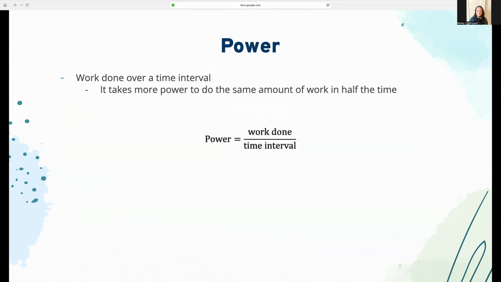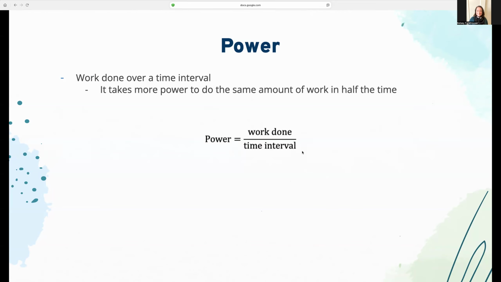Now, work done over a time interval is called power. So it takes more power to do the same amount of work in half the time. And we can look at the equation and see this. So work done is on the top of a fraction where time interval is on the bottom.